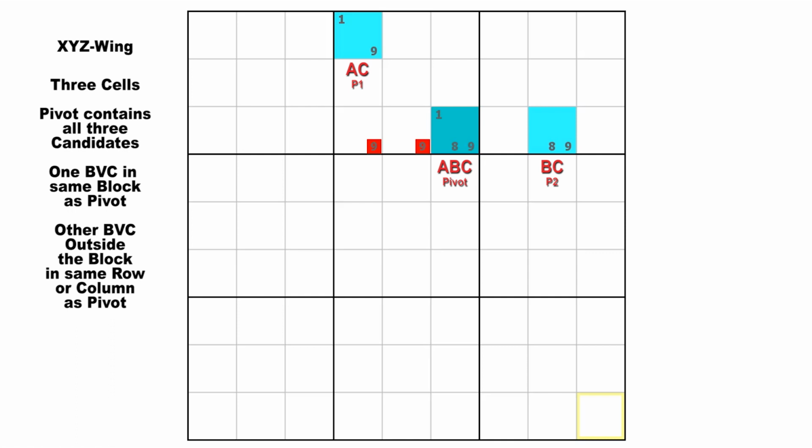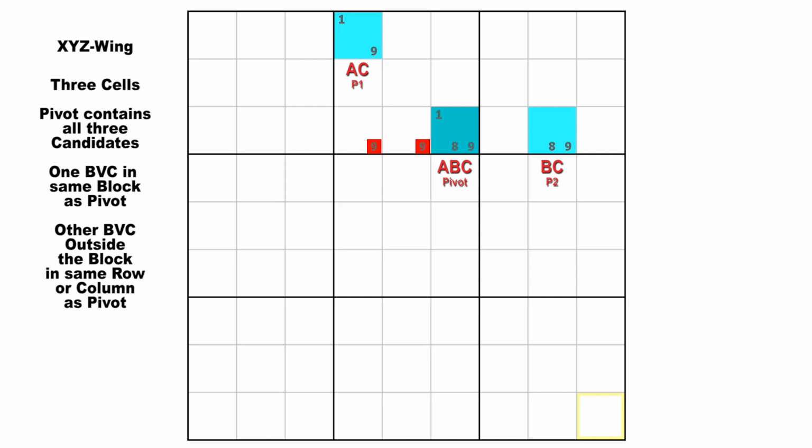If there is no bi-value cell, then there is no XYZ wing, because that's our pincer number 1. And second, there must be a cell with 3 candidates in the block, and that will be the pivot cell. And the pivot cell must hold the same 2 candidates as in the bi-value cell, plus a 3rd candidate. If you don't see those 2 cells, then immediately move on to the next block.